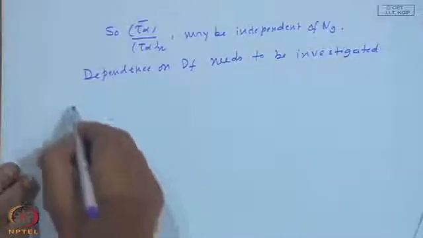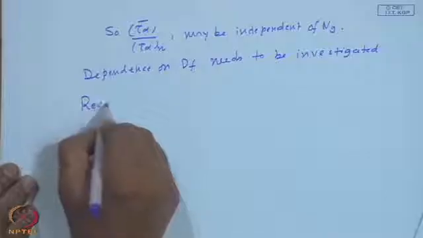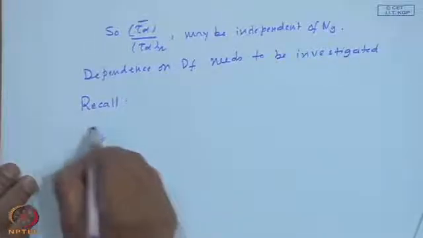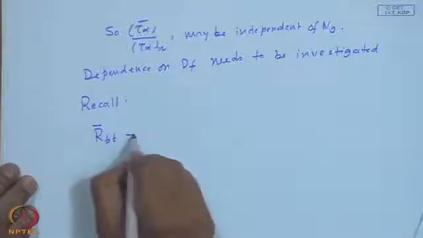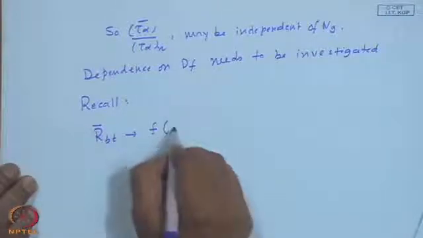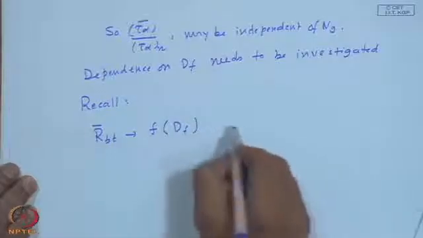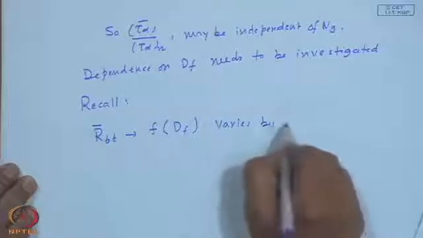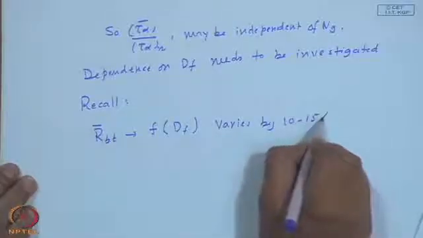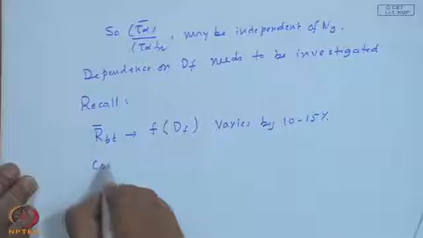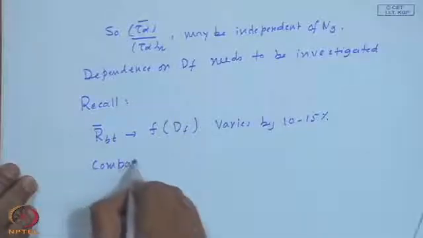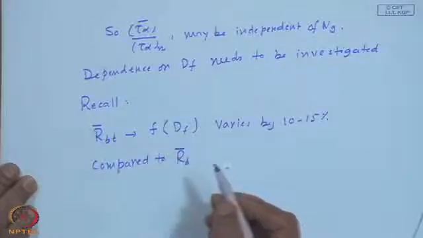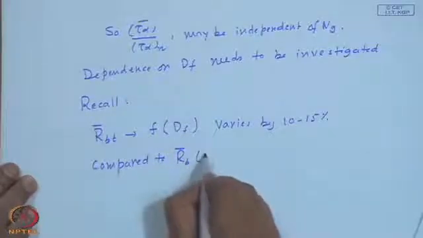So, you may recall R b bar t, a function of d f, varies by 10 to 15% compared to R b bar under extraterrestrial conditions.